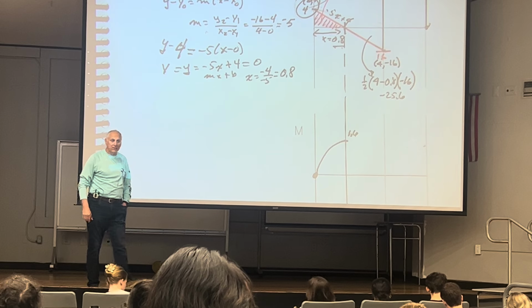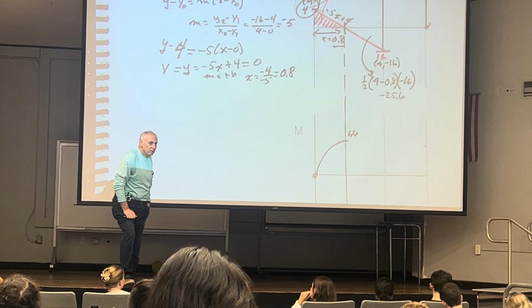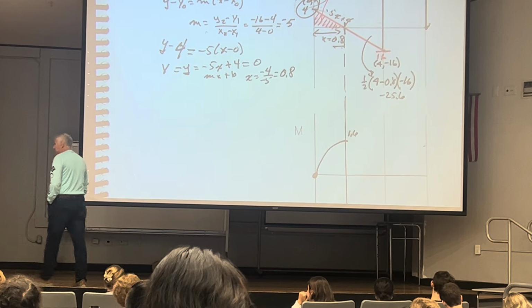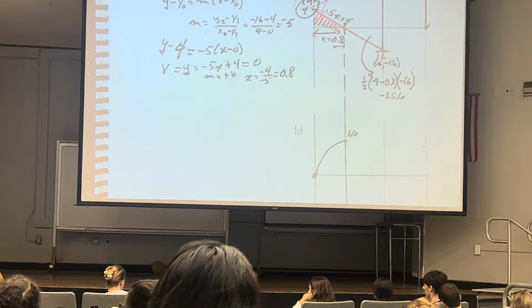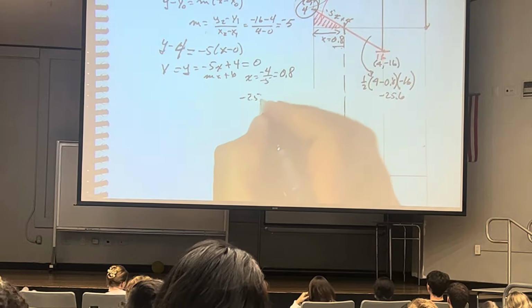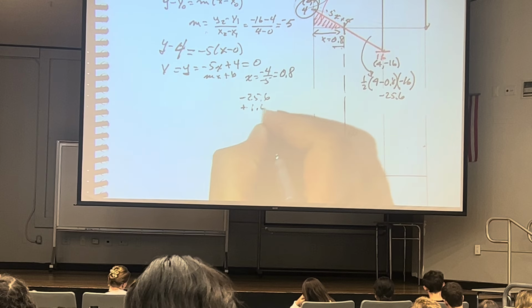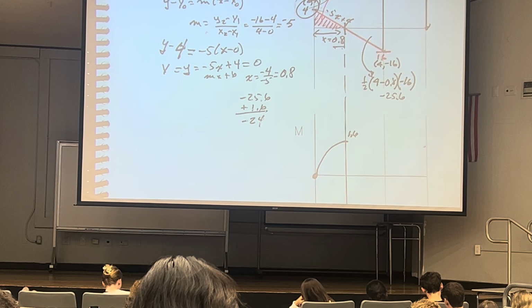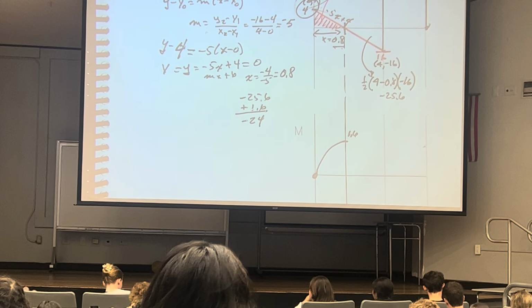You with me? Who ain't with me? Now, I started at 1.6. I have an area that is minus 25.6 plus 1.6. That's going to be minus 24. So I know I have to continue to minus 24.